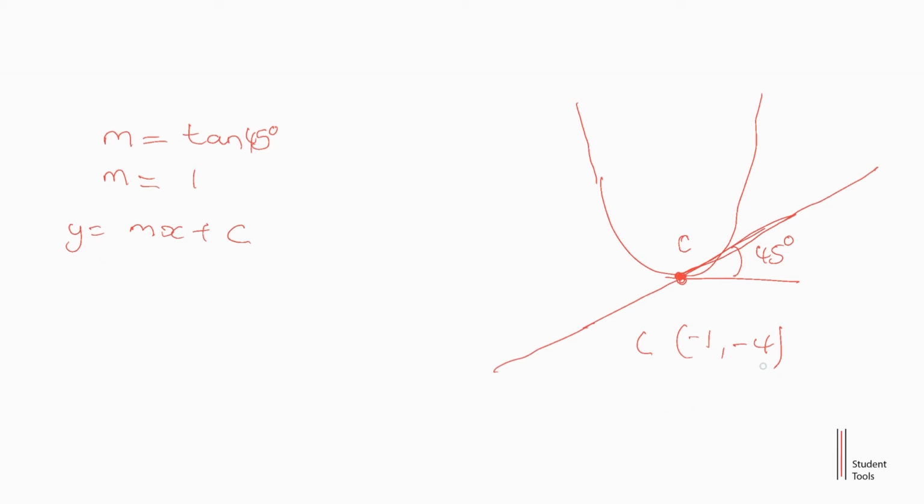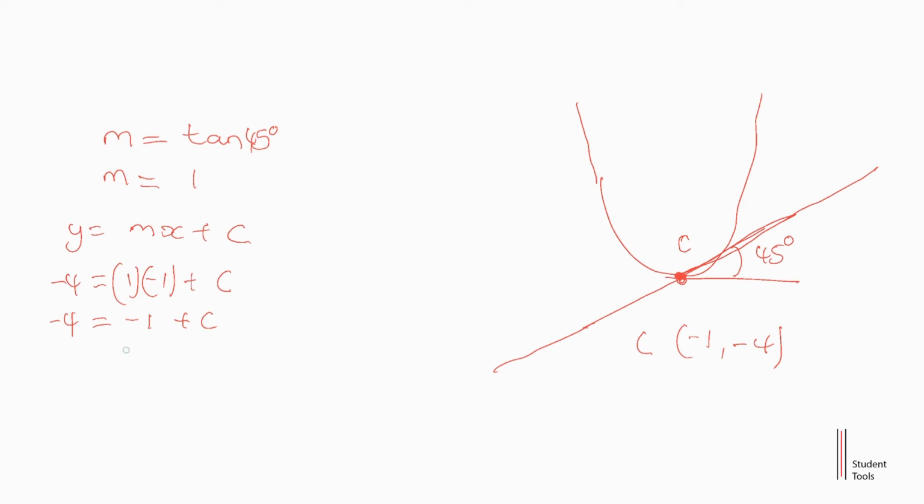For the y value, we substitute -4, and for the x value, we substitute -1. So -4 equals m, which is a positive 1, times the x value -1, plus c. Let us calculate the value of c: -4 equals positive 1 multiplied by -1, that is -1, plus c.